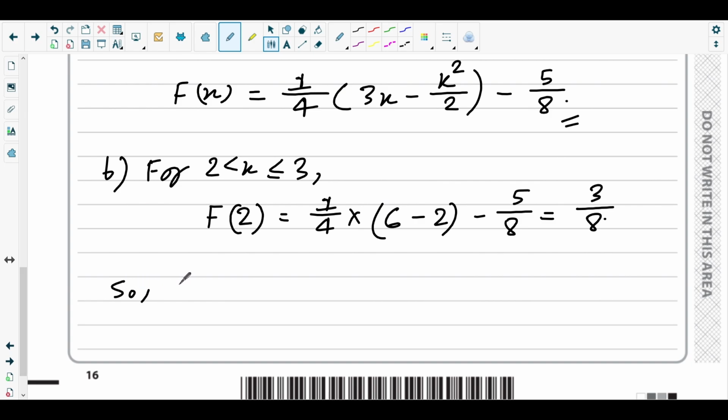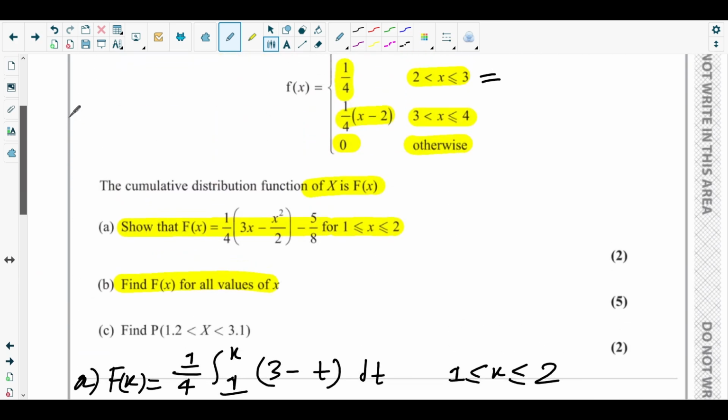So f of x for this interval would be 3 over 8, this is till x equals 2. You need to add it with the cumulative probability of this interval, because it is the total probability. So what's the equation? The PDF is 1 over 4.